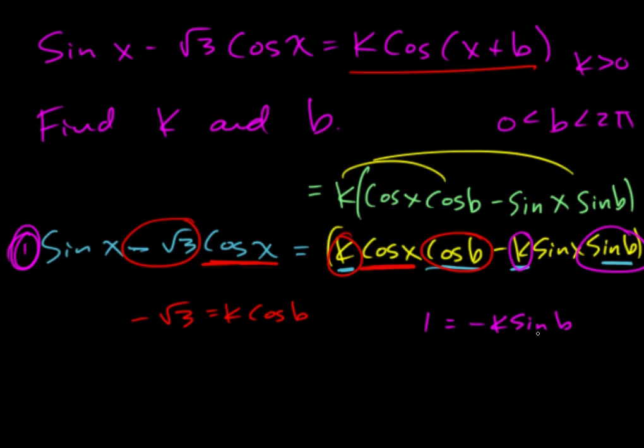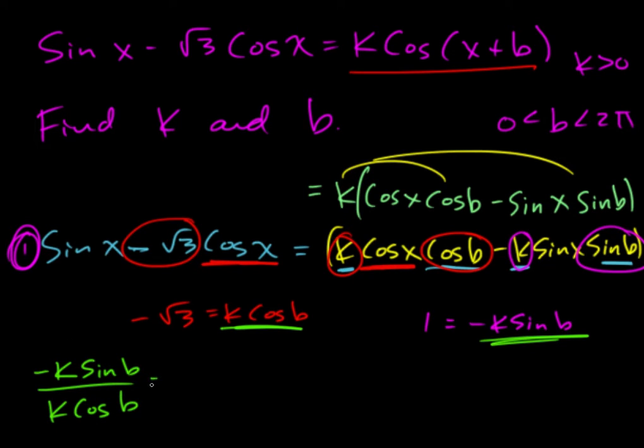So we can take this over this, and the k's will cancel, so we'll only have b's left over, and the sine equals 1 and the cosine equals negative square root of 3.